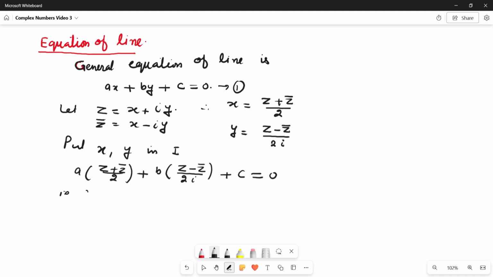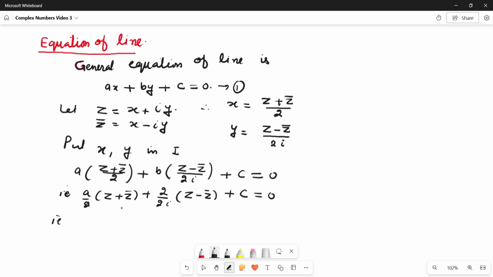That is a upon 2 into z plus z bar plus b upon 2 iota into z minus z bar plus c equal to 0.